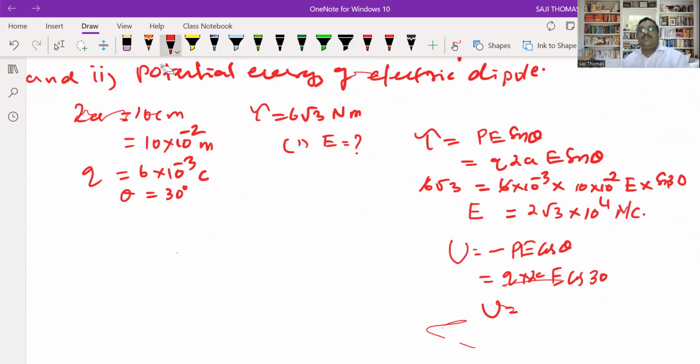U equals Q, 6 into 10 raised to minus 3, 2A, 10 into 10 raised to minus 2, E you calculated 2 root 3 into 10 raised to 4, cos 30 is root 3 by 2. When you calculate, you will get it as minus 18 joule. You have to do the calculation on your own.